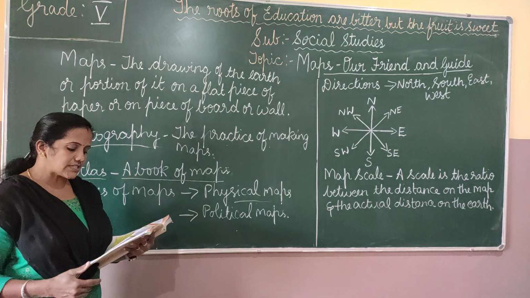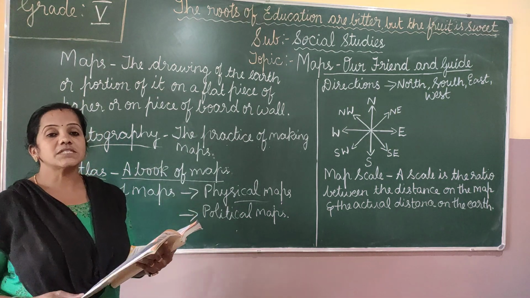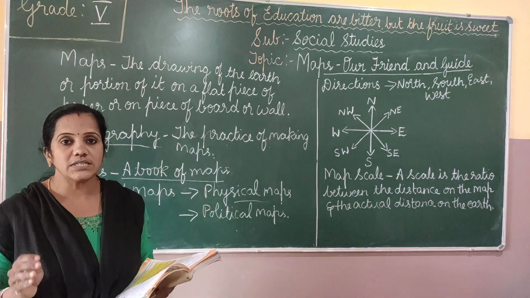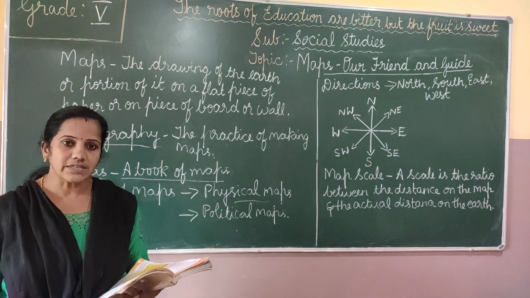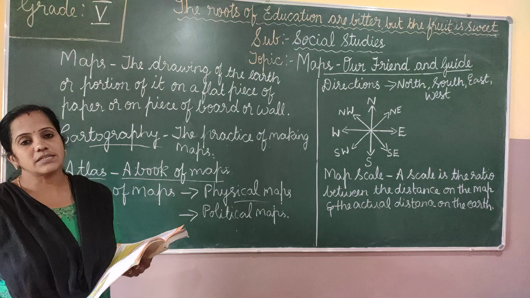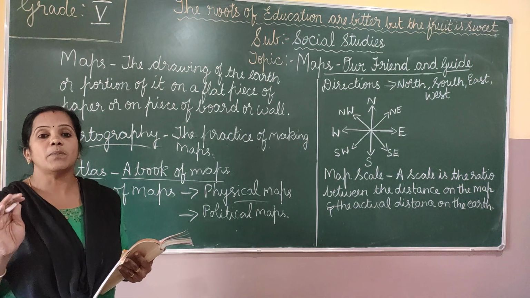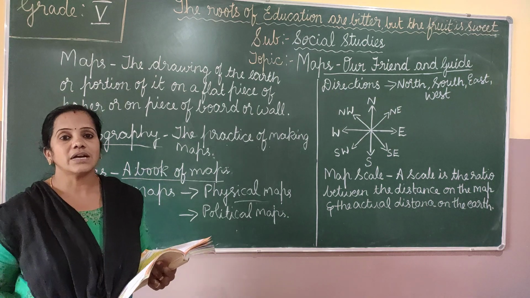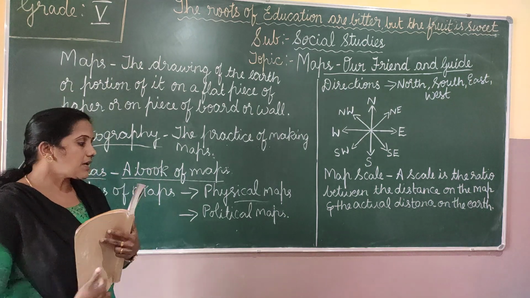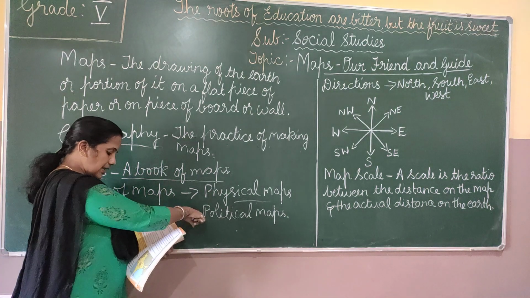So next, political maps. What are political maps? Maps drawn to show the boundaries between two countries and states are called political maps.